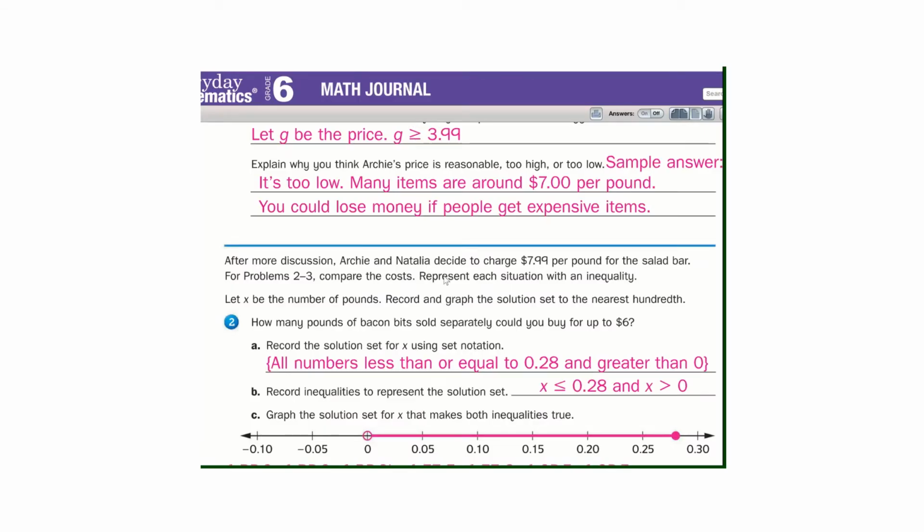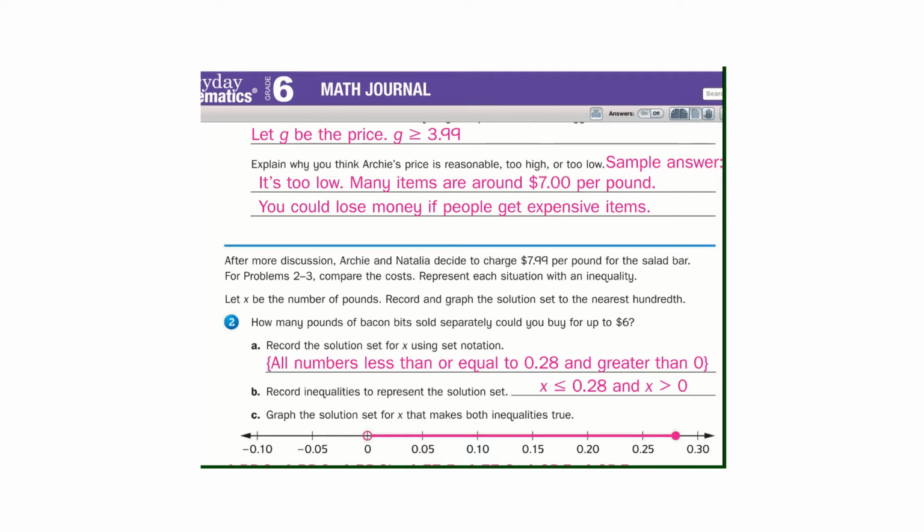Okay, answers are here. Record the solution set. So all the numbers that are less than or equal to 0.28. So the way they got that is, if you have your calculator, go ahead and use it. $7.99 divided by 21.28. Nope, wasn't 21.28.